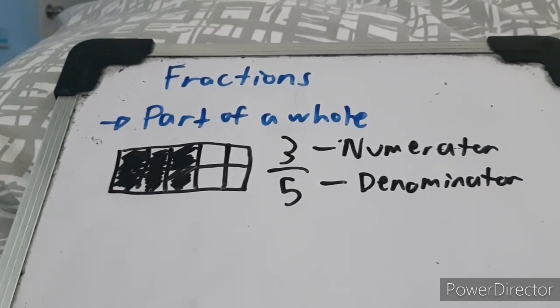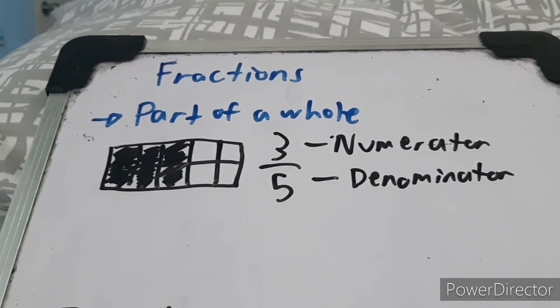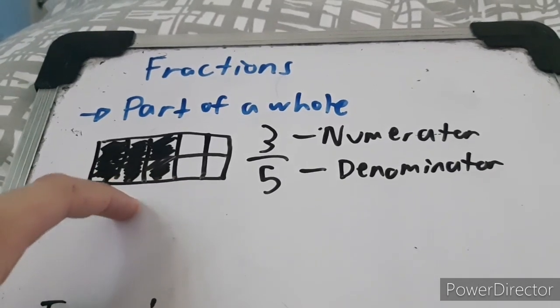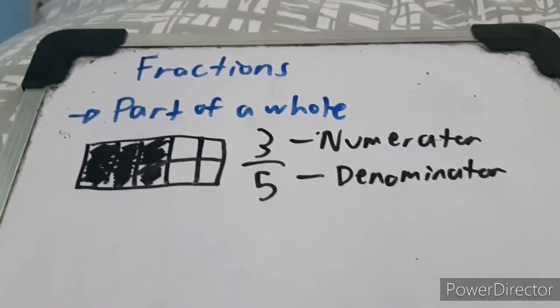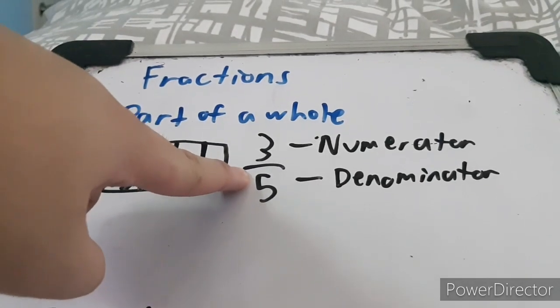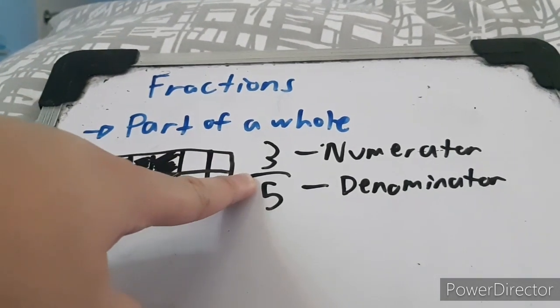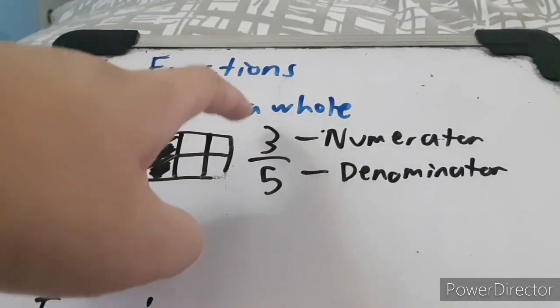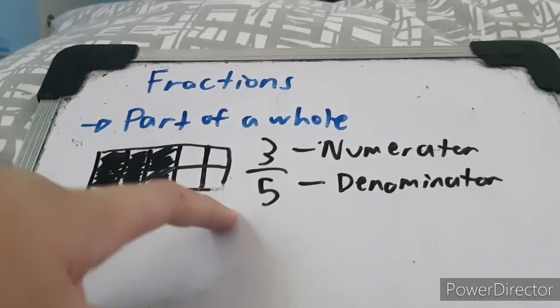So 3 is the numerator and the 5 is the denominator. Yung pinakabuong object nila. So, ang tinawag dyan sa gitna ay fraction bar. So, may mga cases na pwede gawin sa fraction is pwede mag-divide siya into percentage.